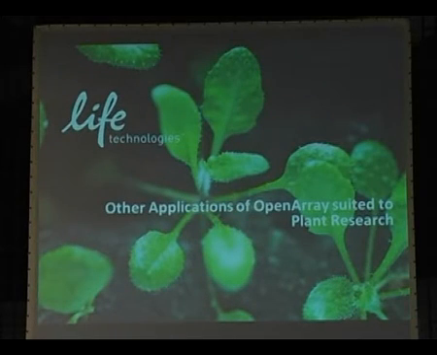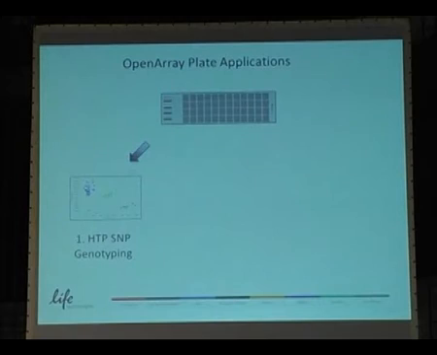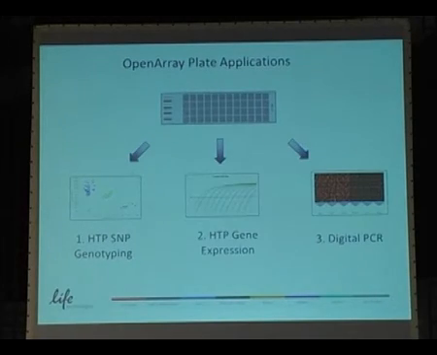So that's the main application, really, of Open Array for plant research. But I'd just like to spend the last 5 to 10 minutes of this presentation explaining to you how else we can use this high-throughput nanoliter scale qPCR technology. And the first of these is high-throughput gene expression. And the application of Open Array in gene expression work is to be able to profile a large number of genes simultaneously from a large number of samples.